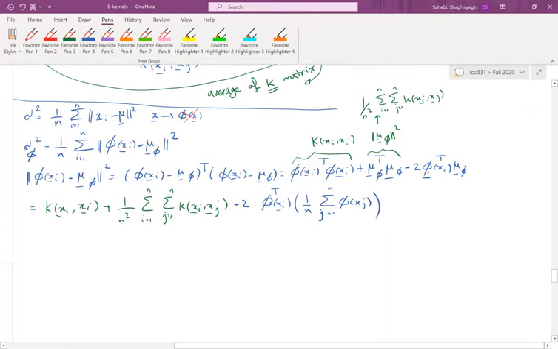So I don't have access to phi, I don't have access to mu of phi, but let's see if I have access to this whole multiplication of these two.